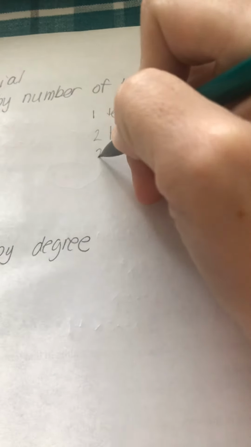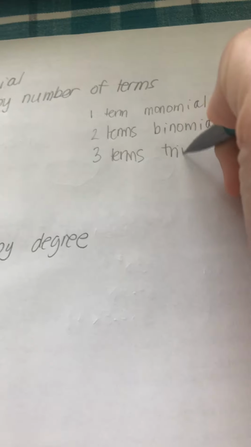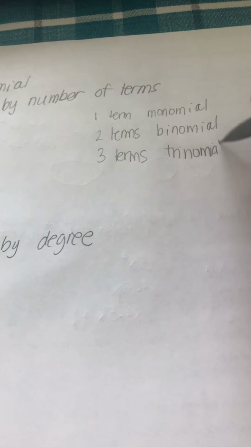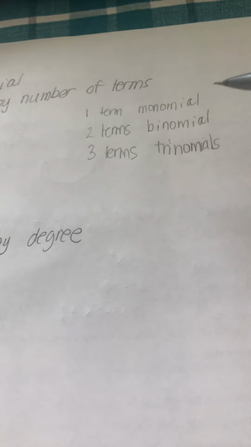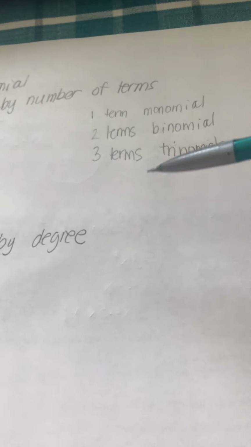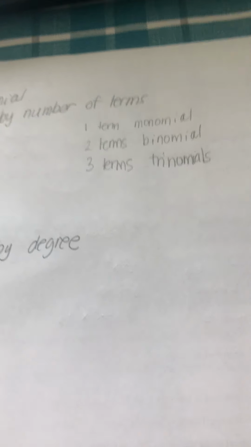Three terms is called a trinomial. And anything with four terms or above is called a polynomial. These are all generically called polynomial as well, so you could use polynomial in place of these generically, or once you get above three terms, we don't have specific names, so those are just called polynomials.